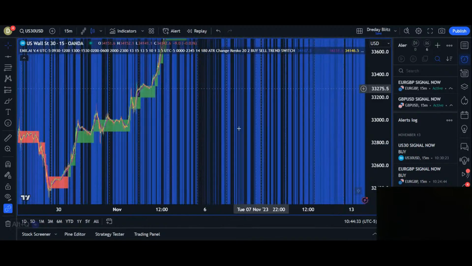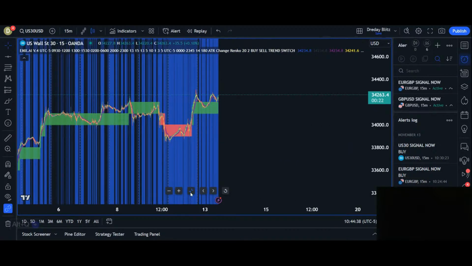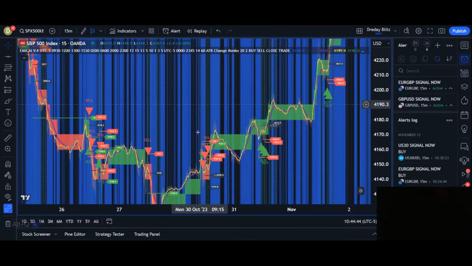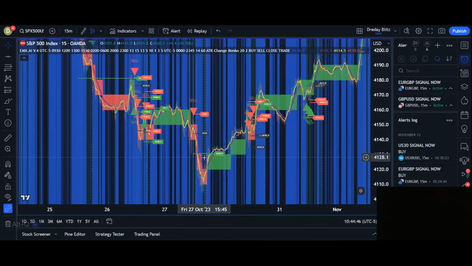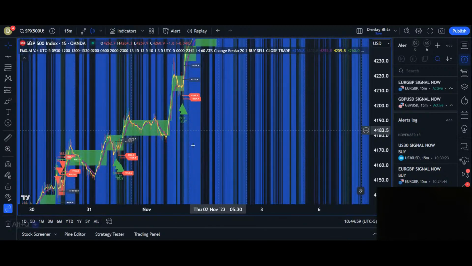So the moves are basically at the same time, more or less at the same time. Let's open S&P 500. You see, the bottom was on the 29th, it reversed and went up.